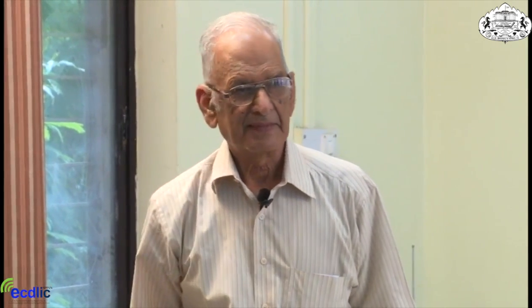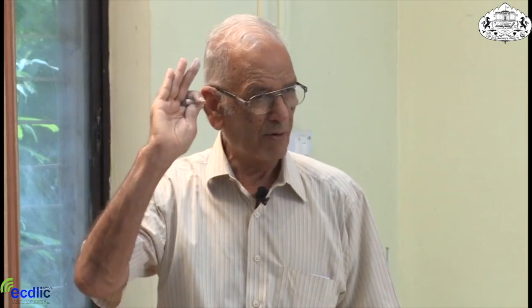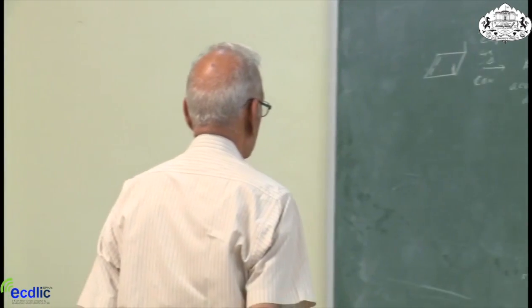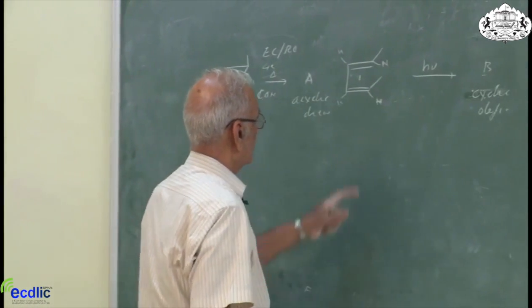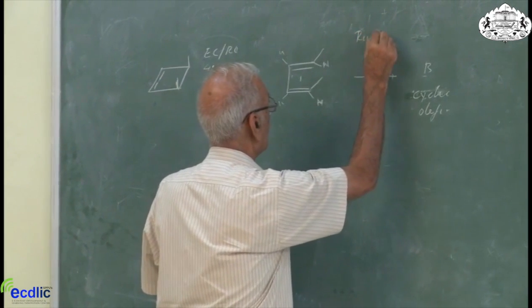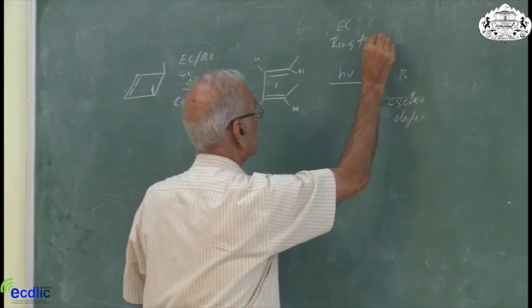Therefore, it is again an example of an electrocyclic reaction. Today, all our reactions are going to be electrocyclic, but in the exam, he will not tell you it is electrocyclic. You have to find out whether the reaction is electrocyclic or cycloaddition. Okay? All right. So, you get a cyclic olefin. It is an electrocyclic ring forming reaction.